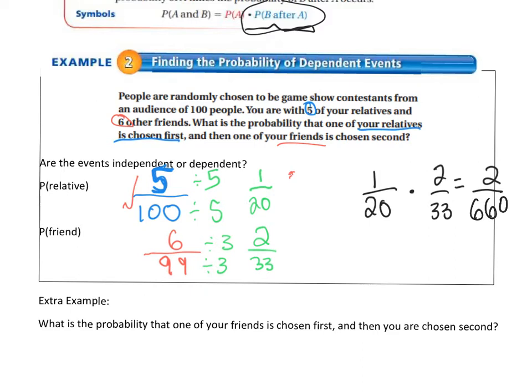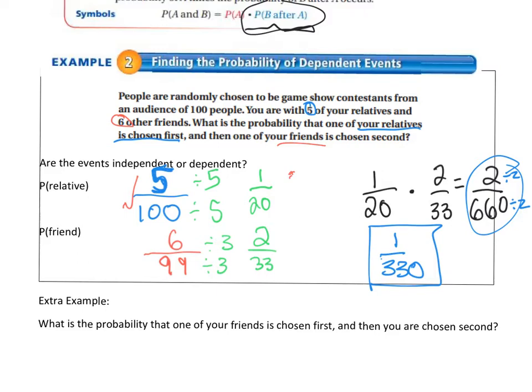So then we finally just need to simplify our probability by dividing the top and the bottom by 2. 2 divided by 2 is just 1, and 660 divided by 2 is 330. Okay, so you have a 1 in 330 chance that the relative would be chosen and then your friend would be chosen on this game show.